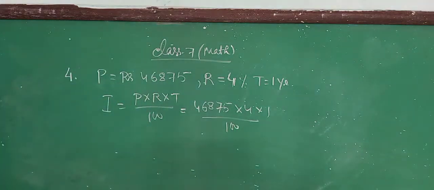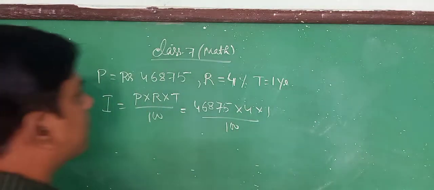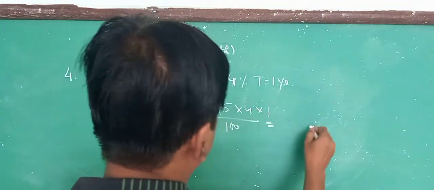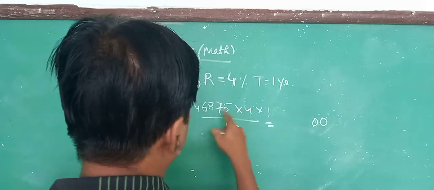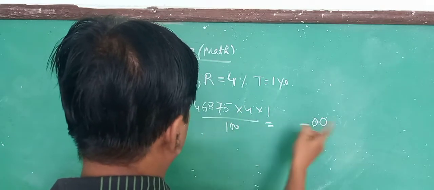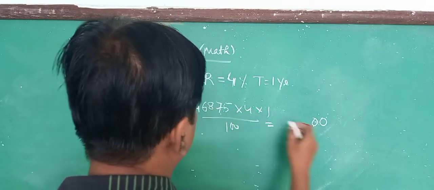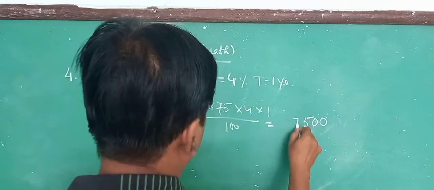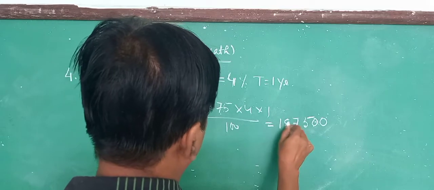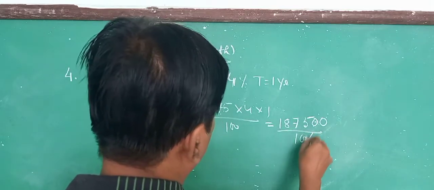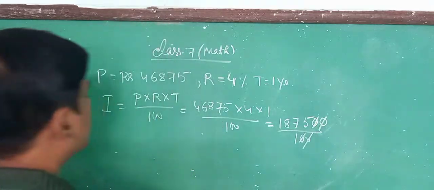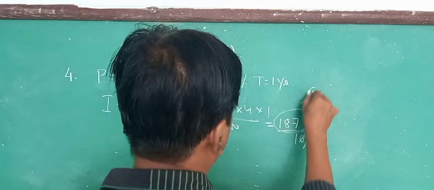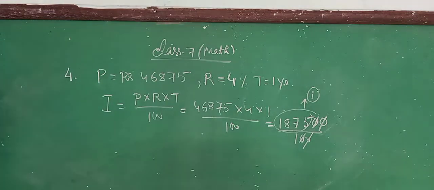So you have to do the calculation: 46875 divided by 100, and whatever answer you get, multiply it by 4. That is rupees 1875. This is the first answer.